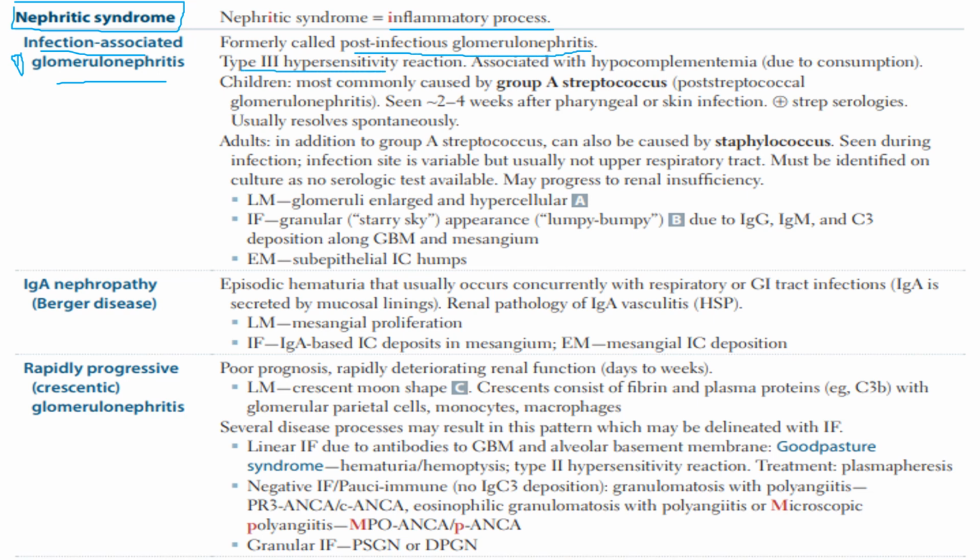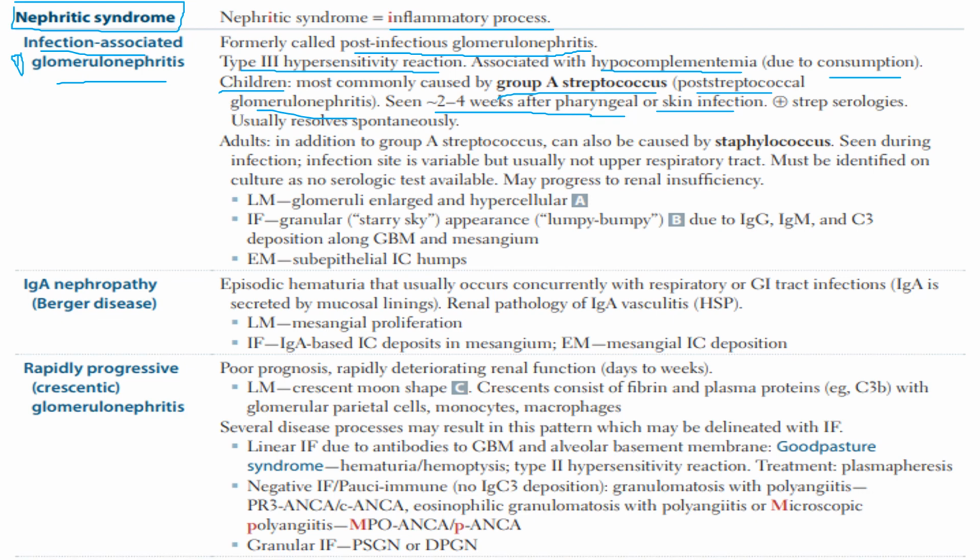Type 3 hypersensitivity reaction associated with hypocomplementemia due to consumption, in children most commonly caused by group A streptococcus, post-streptococcal glomerulonephritis. It's seen approximately 2 to 4 weeks after pharyngeal or skin infection.